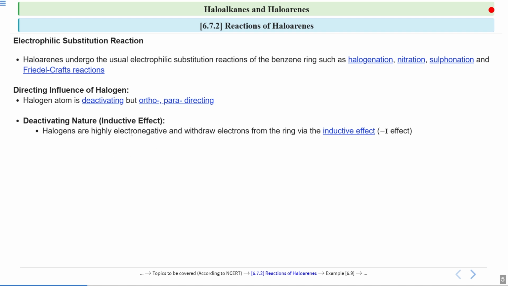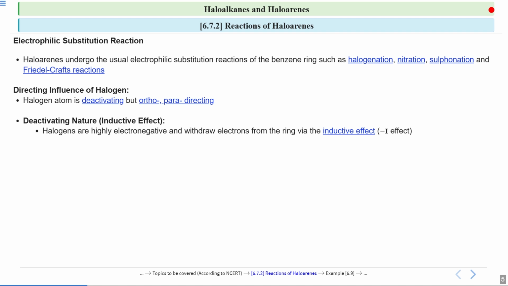Halogens are highly electronegative atoms. They have a very high tendency to attract the electrons towards themselves and withdraw the electrons from the ring via the inductive effect, specifically the minus I effect.